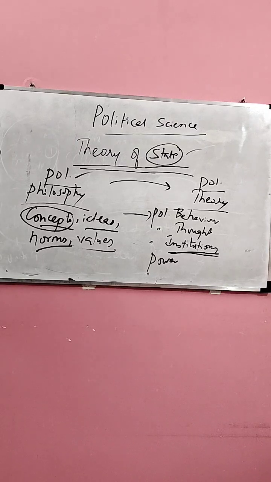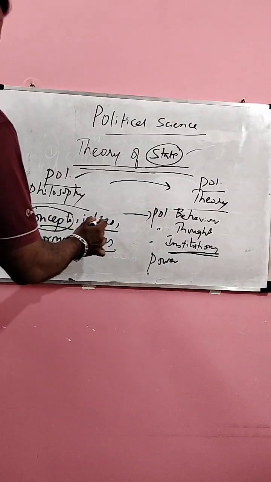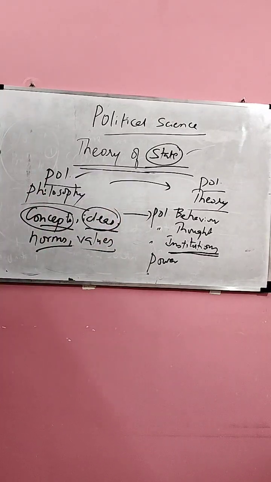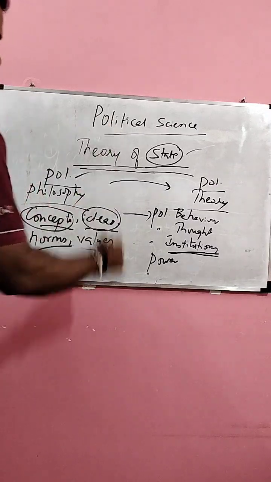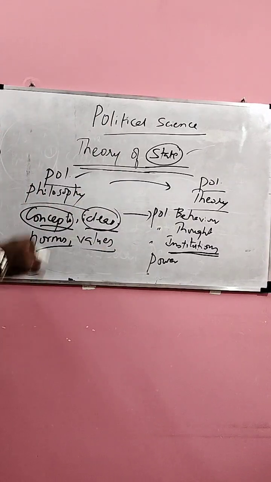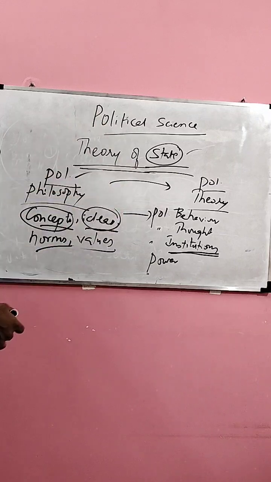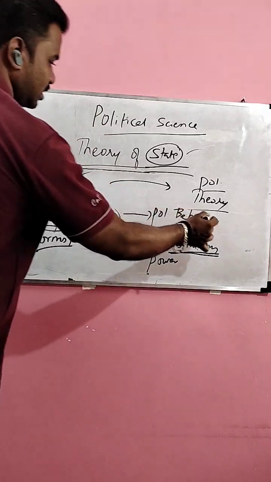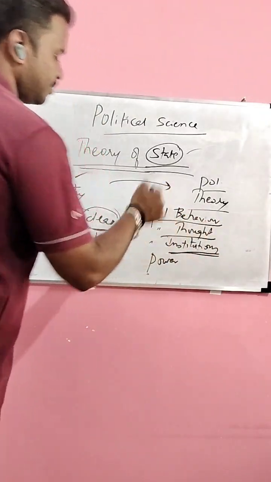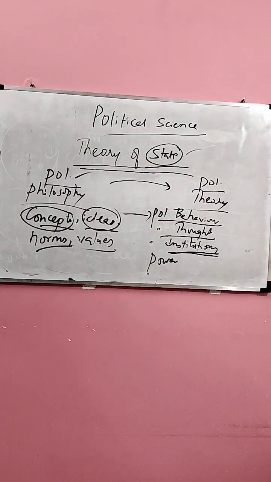If you take into account the idea of equality and if you study how the idea of equality is actually applying with respect to political thought and behavior of people, you are now engaged in political theory. Got it? Next, concept of state.